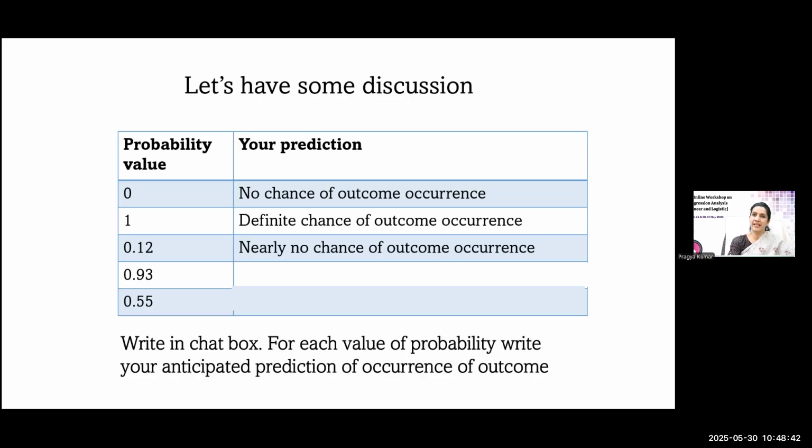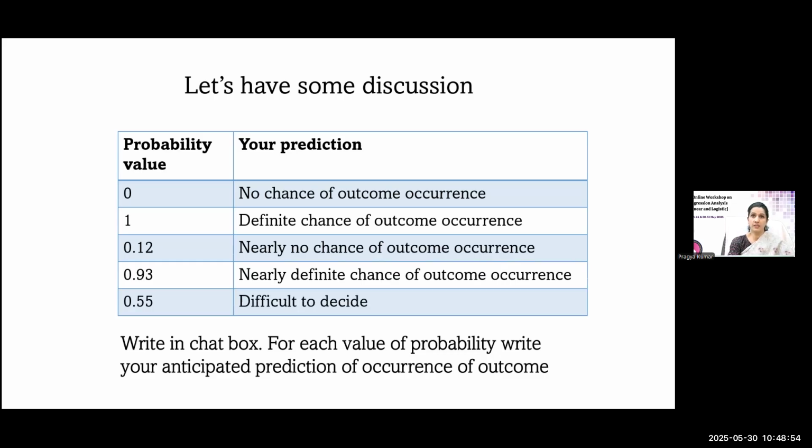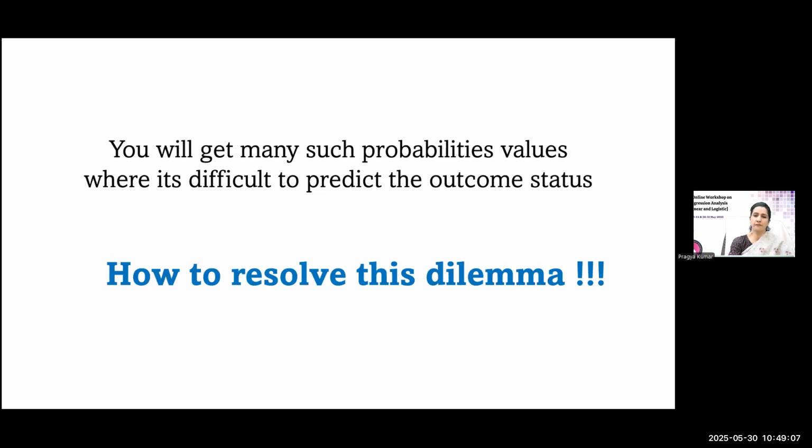So in case the value of probability is 0.12, we will say that nearly there is no chance of outcome occurrence. If the value is 0.93, we will say that nearly there is a definite chance of outcome occurrence. But if the predicted probability is 0.55, yes, it is a kind of intermediate and it is difficult to decide. So in that case, the software fixes this rule.